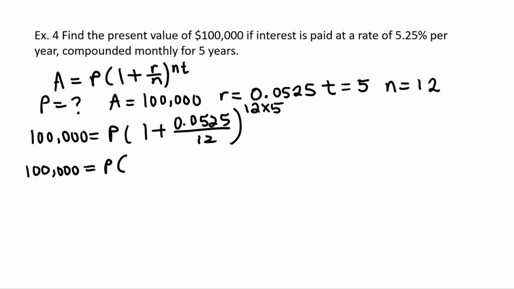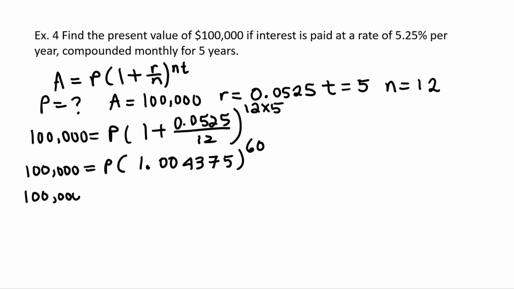Do not round during the computation. So you'll get 1.004375 raised to the power of 12 times 5, which is 60. And now in your calculator, compute 1.004375 raised to the power of 60 and write out all of the digits on your calculator screen.